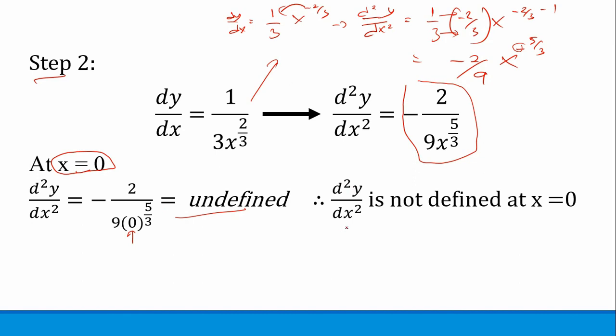So d squared y per dx squared is undefined, since we cannot know whether it is a maximum or minimum.